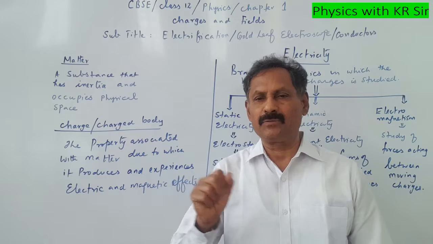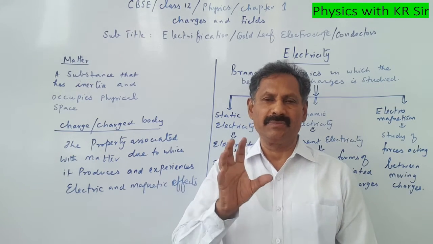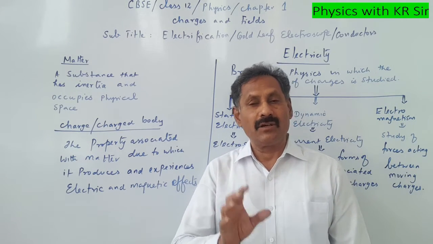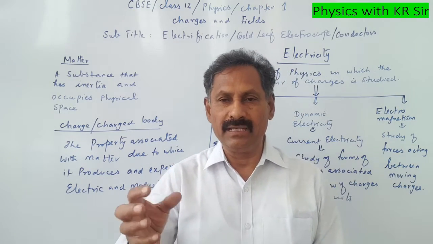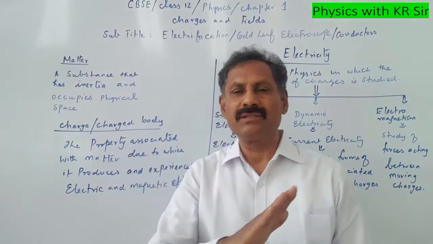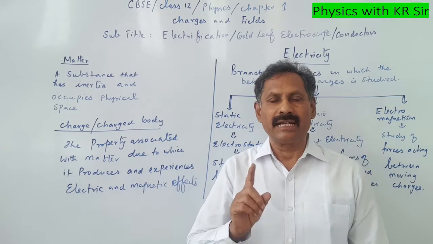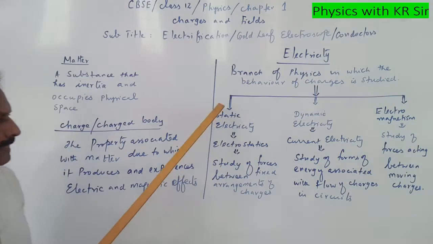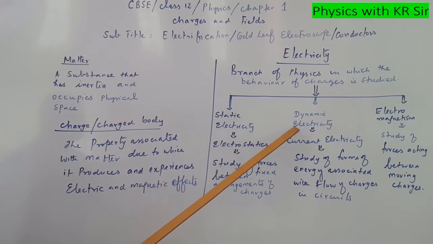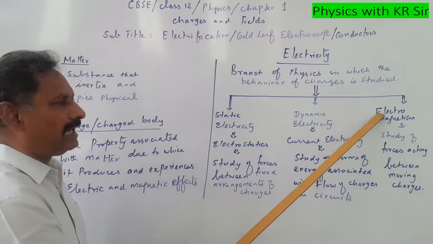There are different types of charges. The charges may be at rest, the charges may be moving, the charges may move in the circuits. So based on that, there is a classification of electricity called static electricity, dynamic electricity and electromagnetism.